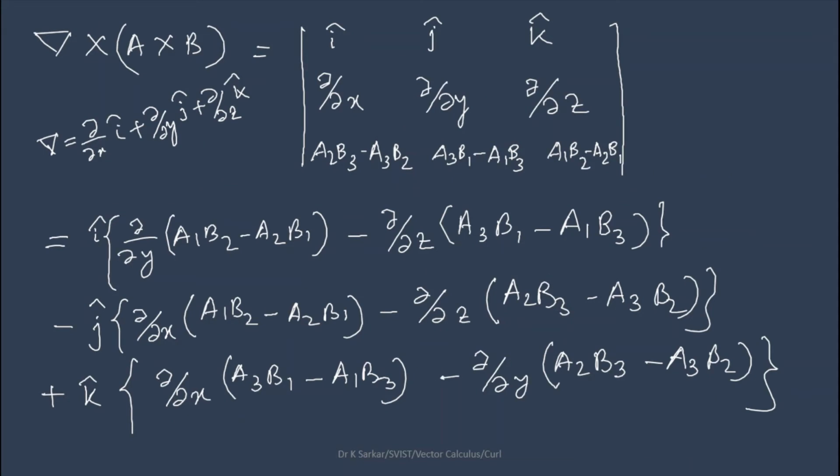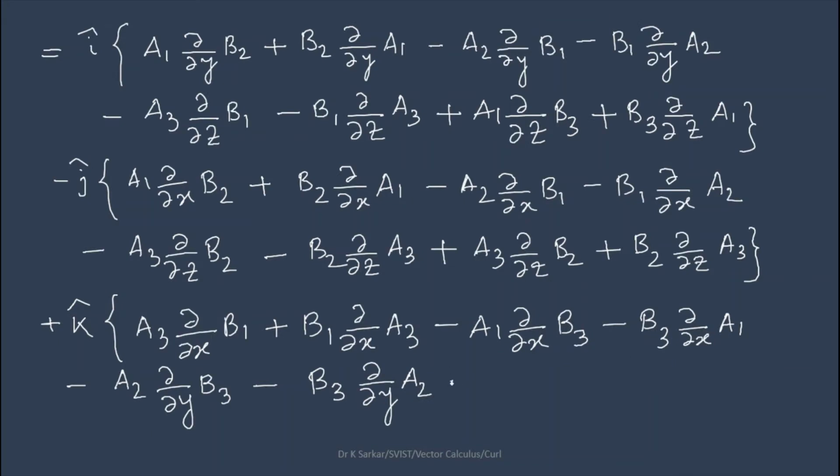Then minus, minus, plus del/del y of A3B2, plus A3 del/del y of B2 plus B2 del/del y of A3. So here we have got a total of 24 terms.